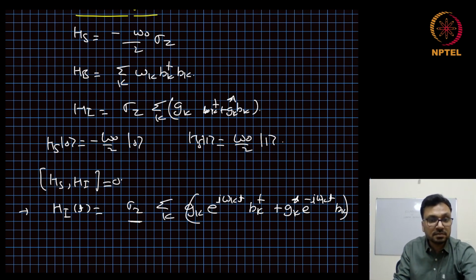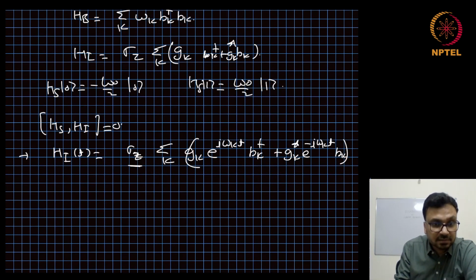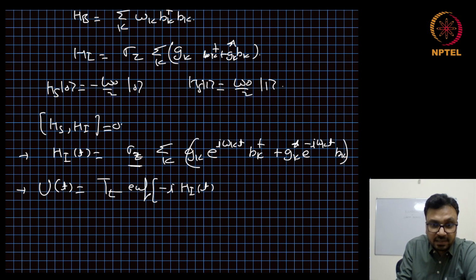Since the system part does not evolve, we just have the time dependence in the bath operators. From here we can get the time evolution operator U(t), which is the time ordered exponential of minus i integral of H_I(s) ds from 0 to t.